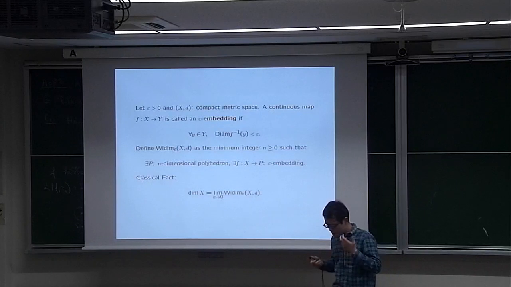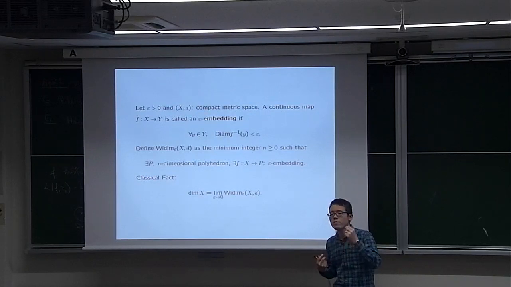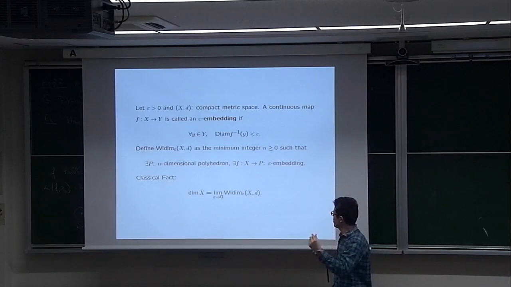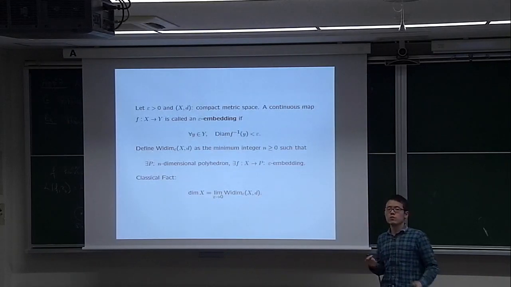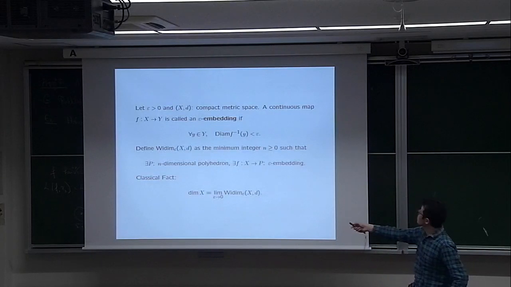So roughly speaking, this means that we want to understand the space by using a polyhedral approximation, and this polyhedral approximation has some error bounded by epsilon. And we ask how many parameters we need in this polyhedral approximation. This is the meaning of this width dimension.